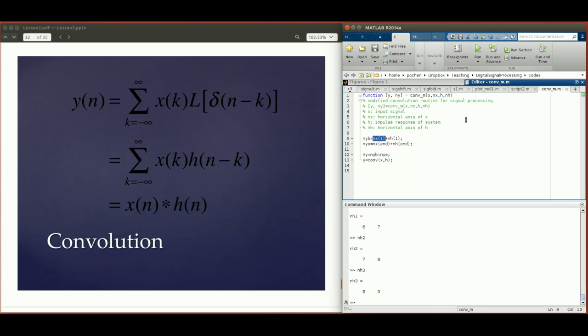And for the last stick in the input signal, you're going to shift h by nx end. And then the end of the convolution result is nh end, the last stick in the impulse response, shifted by the last index of the input signal. So that's going to be the range of our convolution result.